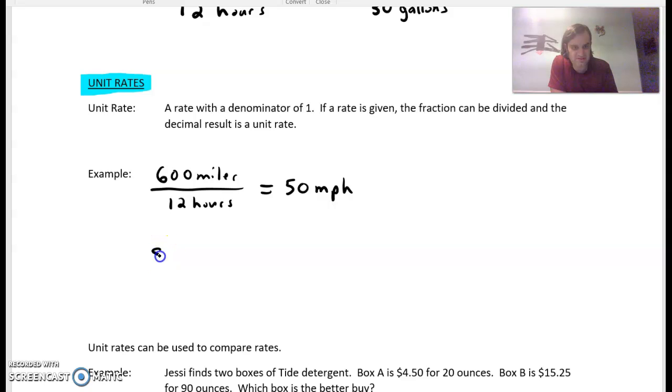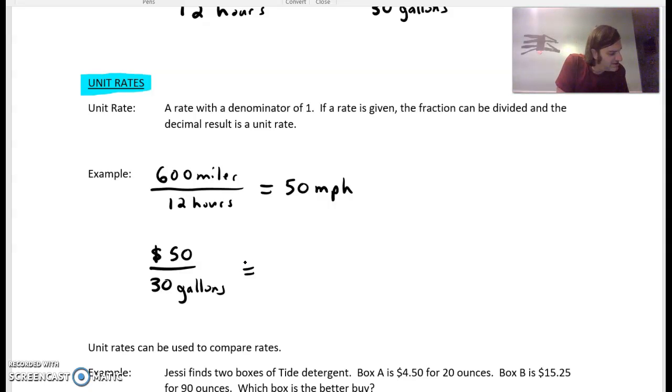The other one was $50 for 30 gallons. So if we divide that, 50 divided by 30 is, I'm going to have to round this off to the nearest cent, so I get $1.67 per gallon.